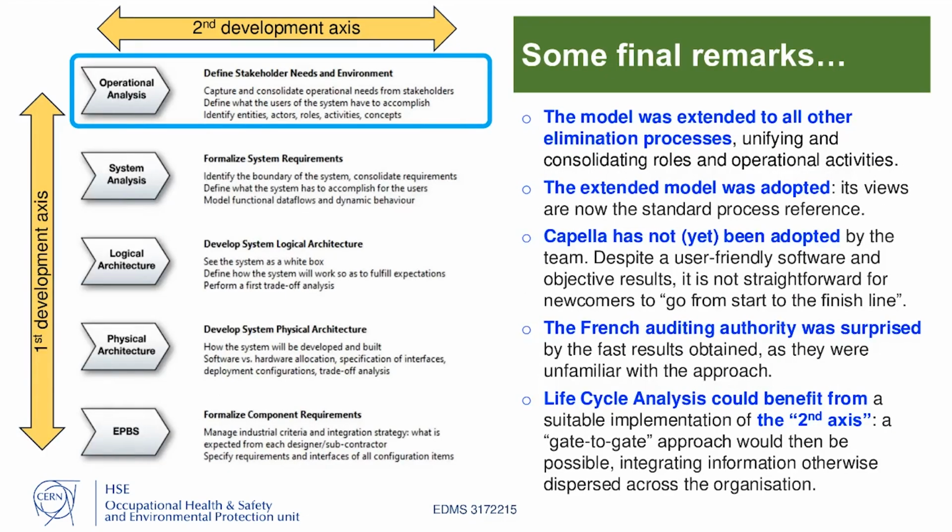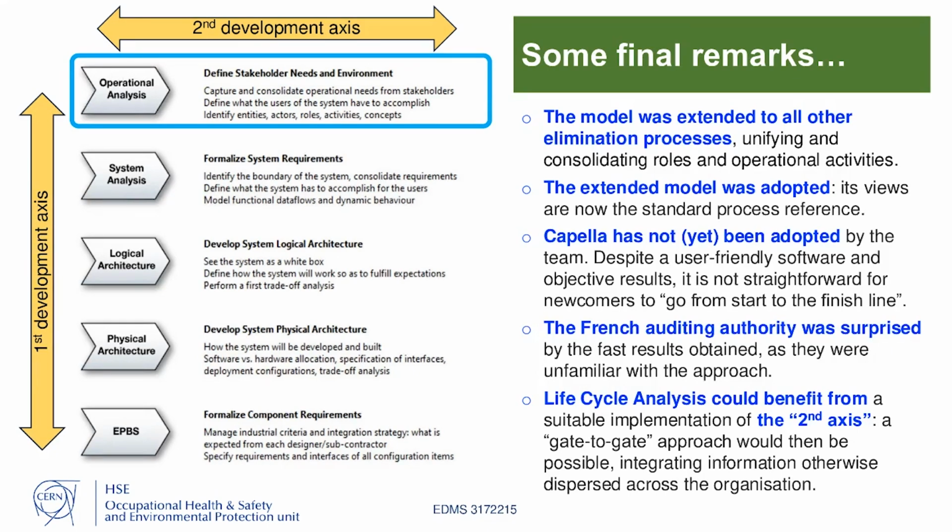Some final remarks. I used the model, extending it to all other elimination processes, really all other elimination processes of radioactive waste. We have some tens of them at CERN, for instance, for the other classes of waste that I mentioned at the very beginning.